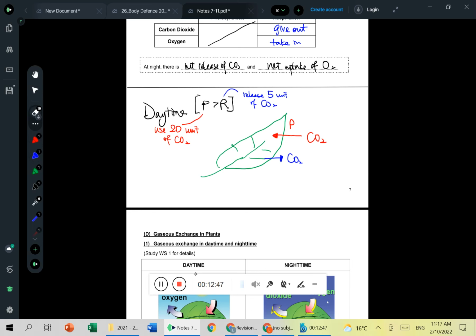So how would the leaf do gaseous exchange then? The answer would be like this. The reason that the plant would have net uptake of CO2 is like this.